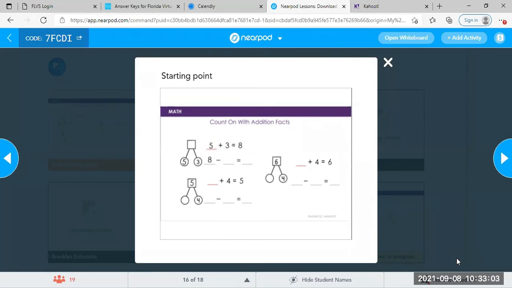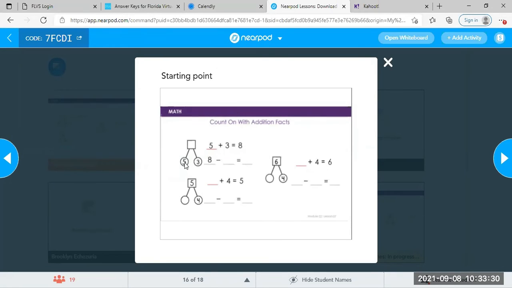How in the world are we going to, it was easy on the last slide because the number bond was already filled in. It was done. It had the sum and it had both parts. But look at this. We have missing parts, or in this case, a missing sum. Can you figure out what goes in there? I think you can.